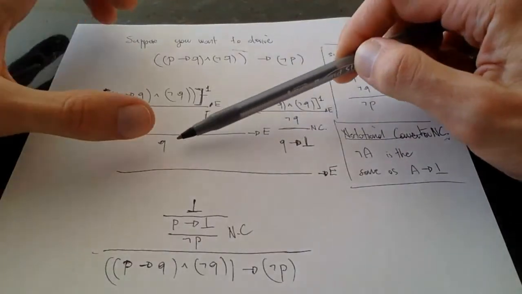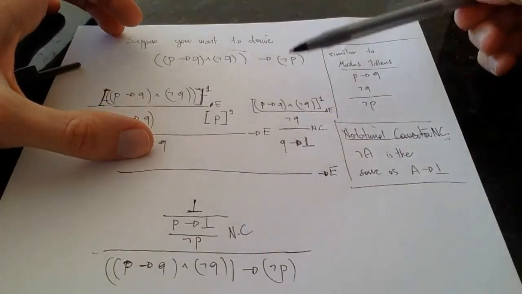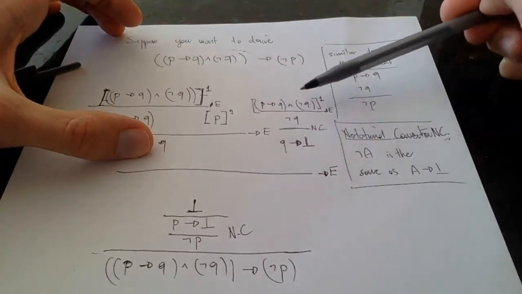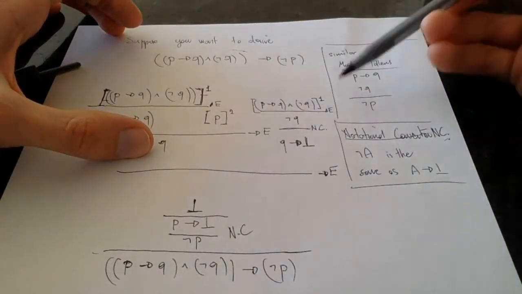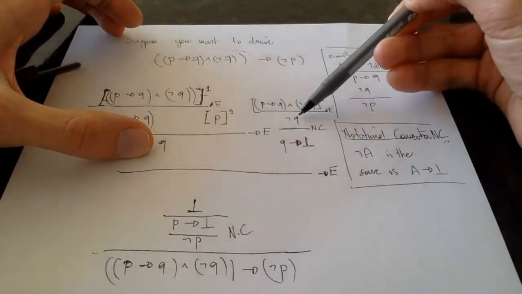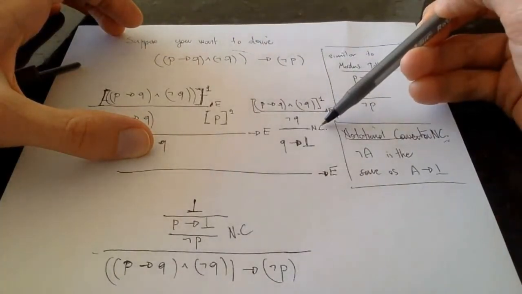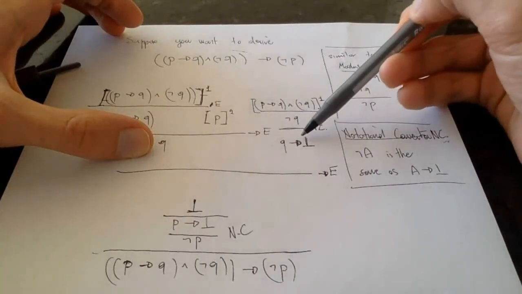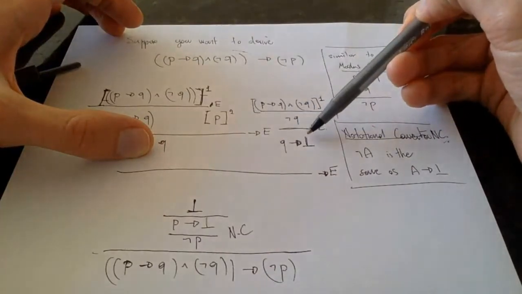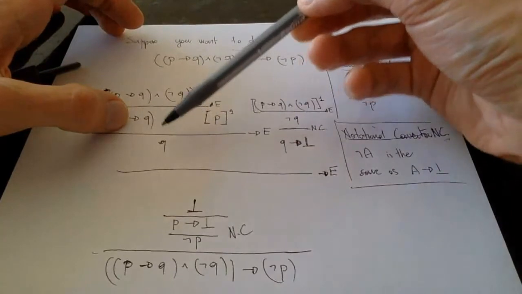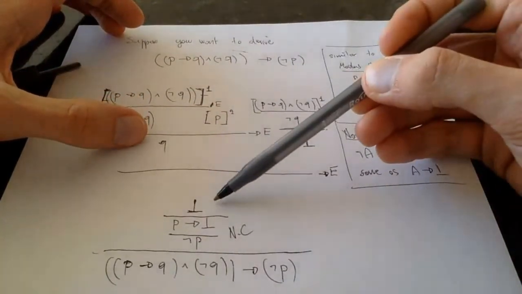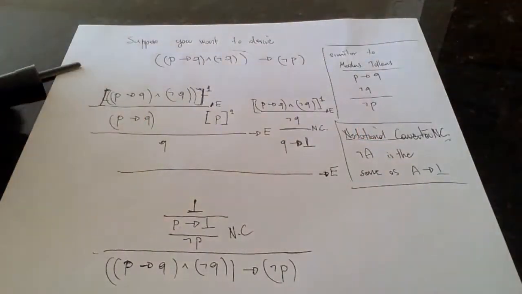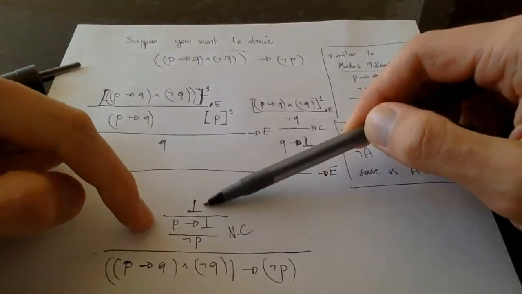And by implication elimination, I got Q. On this side here, I assumed again P implies Q and not Q. And by conjunction elimination, I got out not Q. I applied the notational convention, so not Q is the same as Q implies the contradiction. Now I put these two things together, Q and Q implies the contradiction, and by implication elimination I get the contradiction. Okay, I arrive at the contradiction.